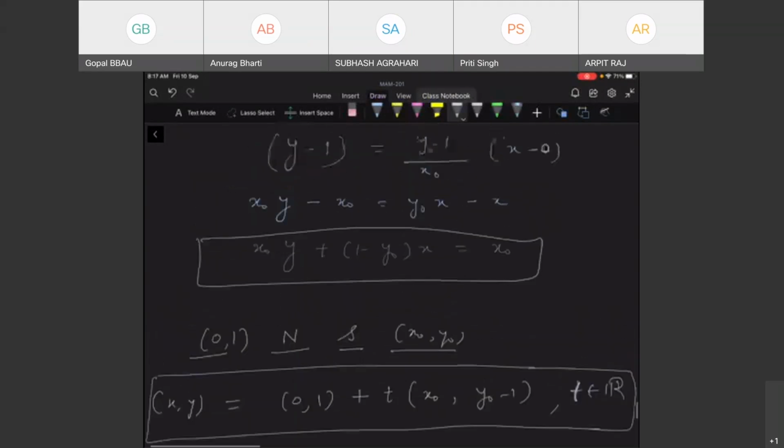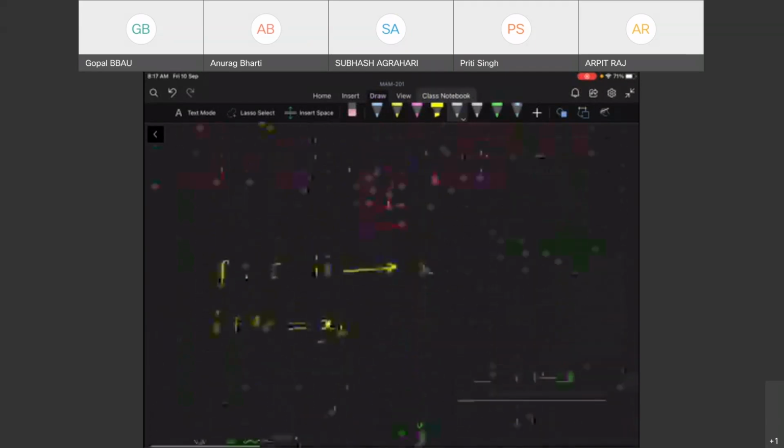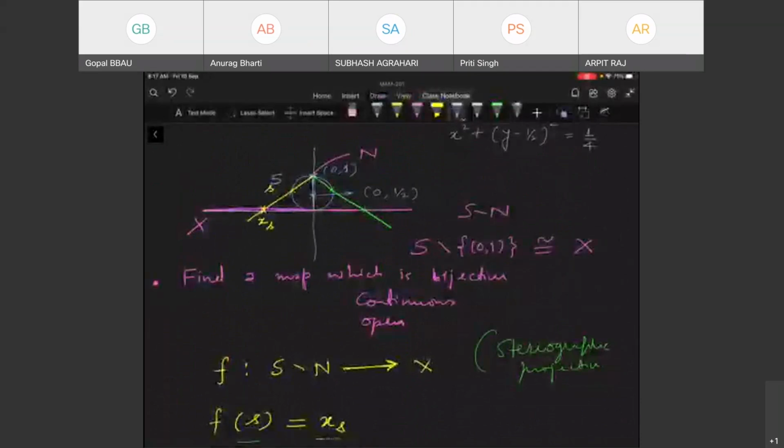So when this line meets the x-axis, this means y is 0. So it will be of this form, something say (u, 0).